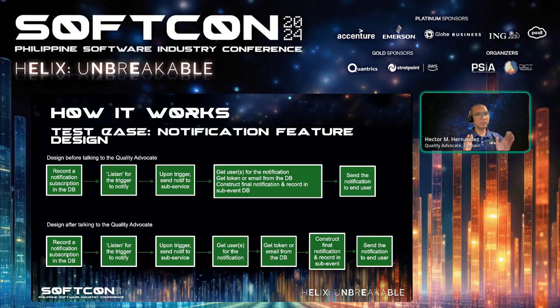Now, the point here is that if you look at the design after talking to the quality advocate, you can see that the big box up top is broken down into separate sequential boxes. So why? Primarily because of testability.